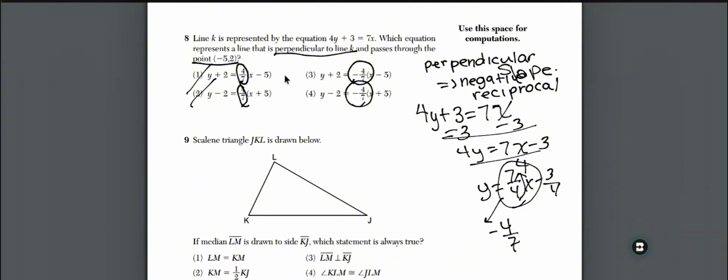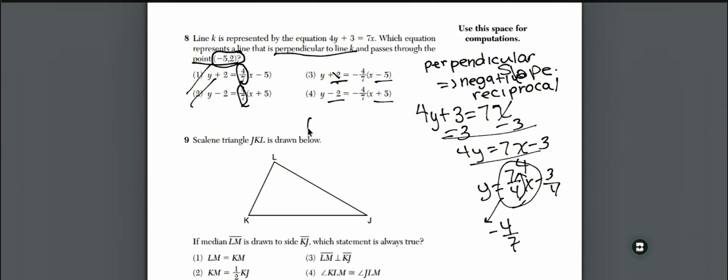So now, they tell me it has to pass through the point -5, 2. What I'm going to do is look at my points. So, this is plus 2, this is minus 5, this is minus 2, plus 5.